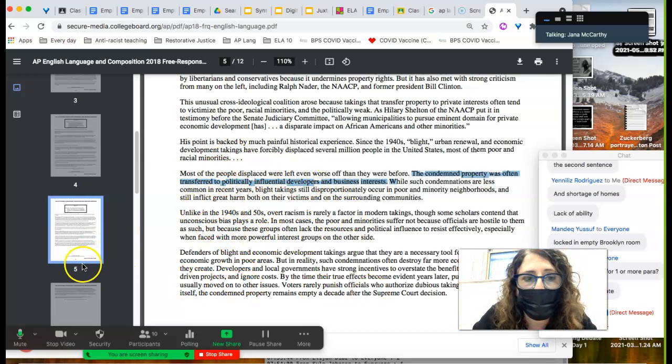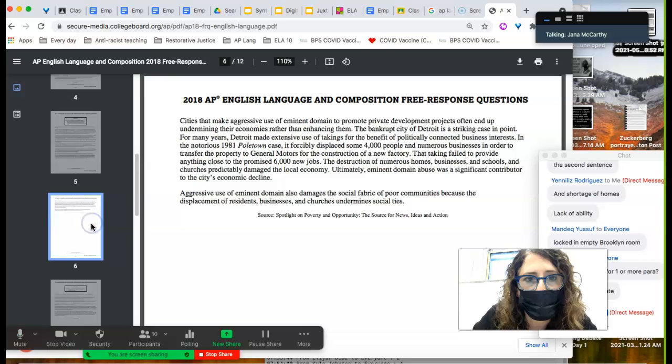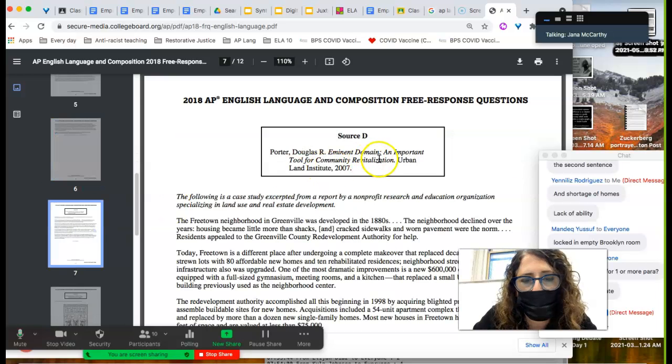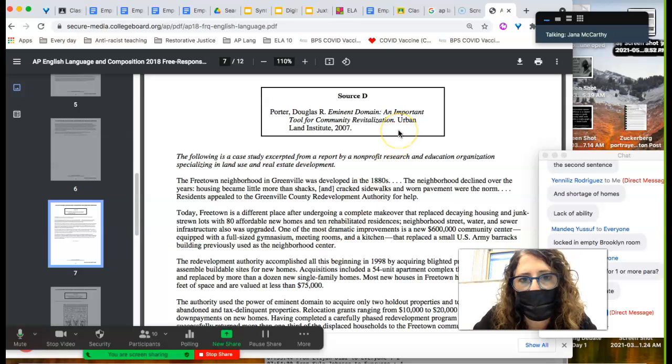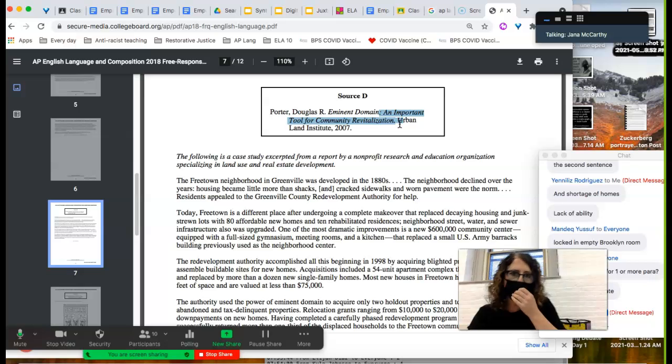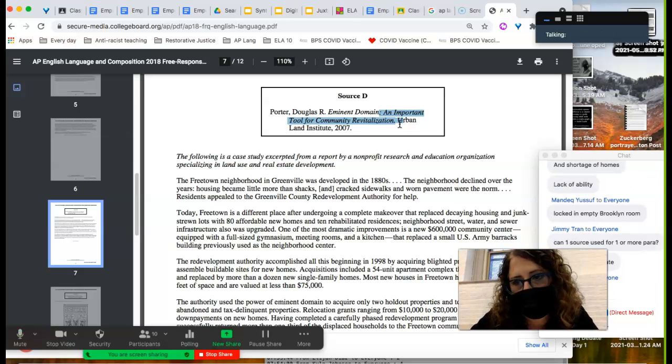So if I know that I want another support source quote, I'm going to go to my other source. This is source D. The title is An Important Tool for Community Revitalization. What side is this on? Is this on the side of eminent domain?